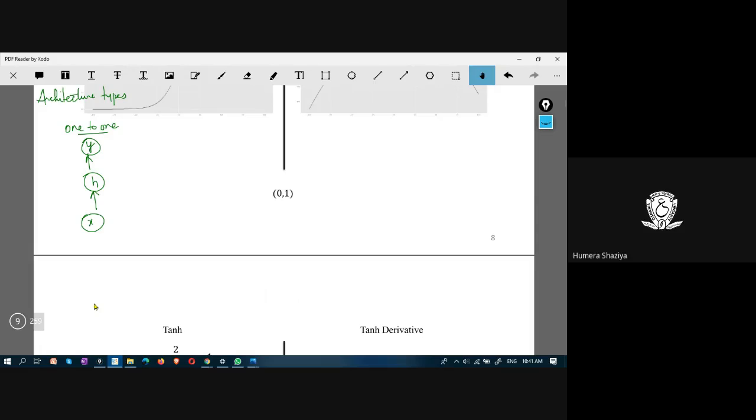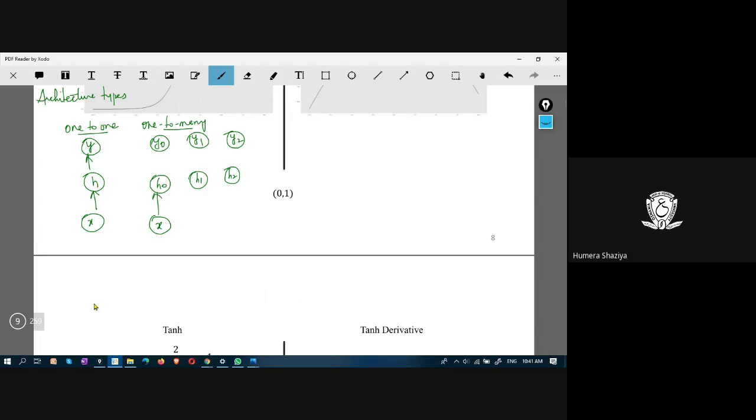Then you can have one to many. In this one to many, you will have only a single input and several outputs, many outputs. Let us consider that there are three outputs, Y0, Y1, Y2. Here you have H0, H1, H2.